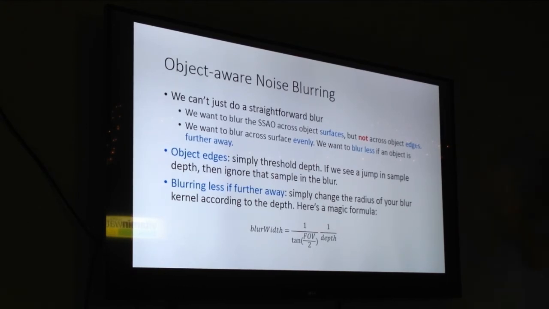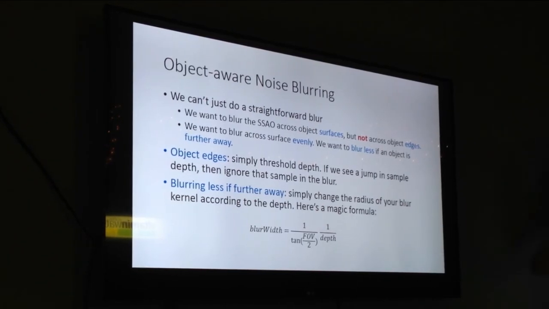What we can do here is simply modify the radius of our blur per pixel depending on the depth. Just read the depth at the origin point and use that to modify how wide your blur is. Getting blur width from depth is sort of a little magic area.